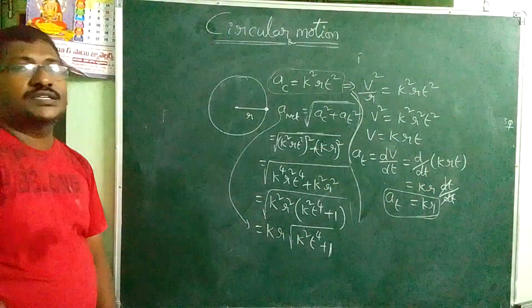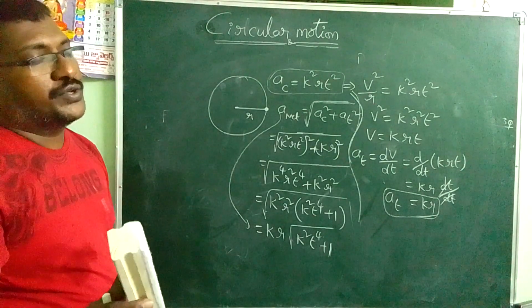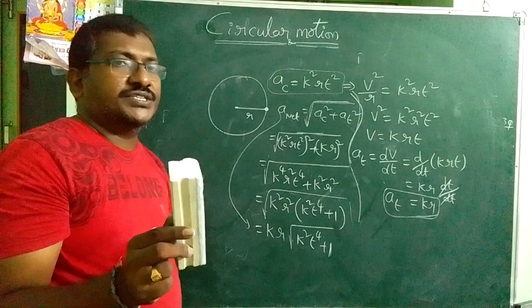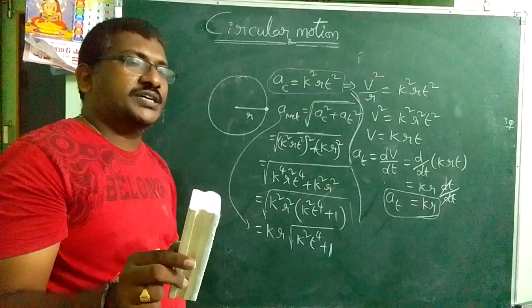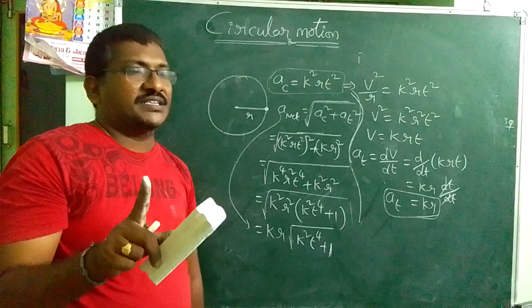So that is about circular motion, uniform and non-uniform. In uniform circular motion, speed is constant, but direction changes. Due to the change in direction, it gains some acceleration, which is called centripetal acceleration.